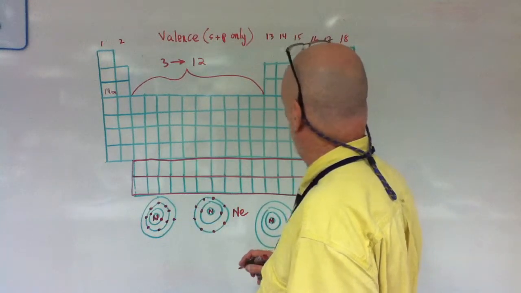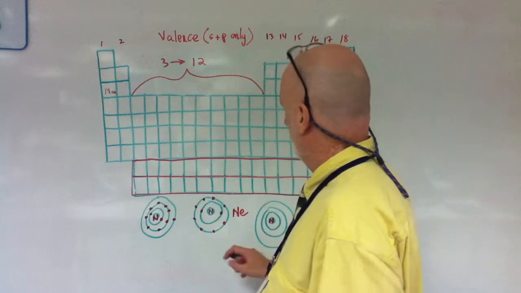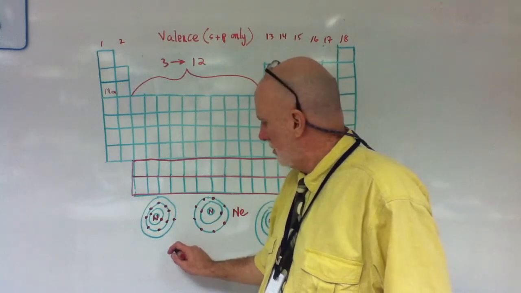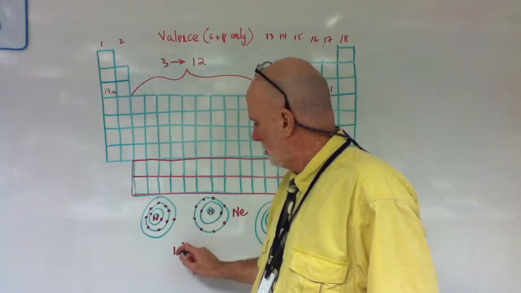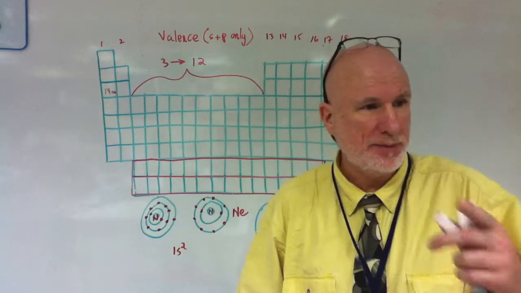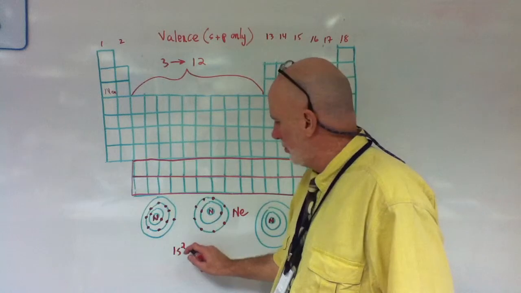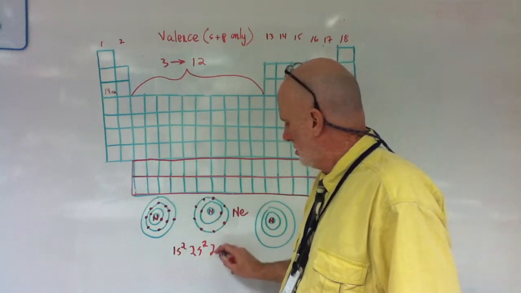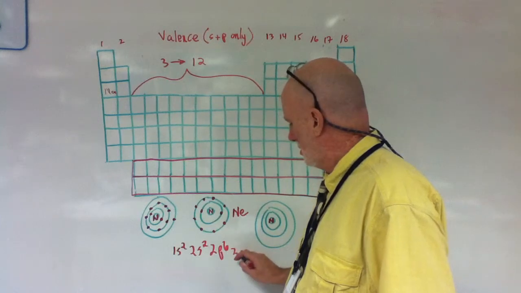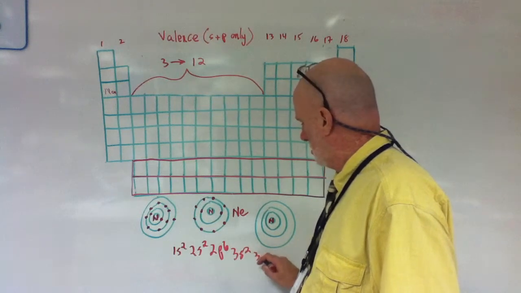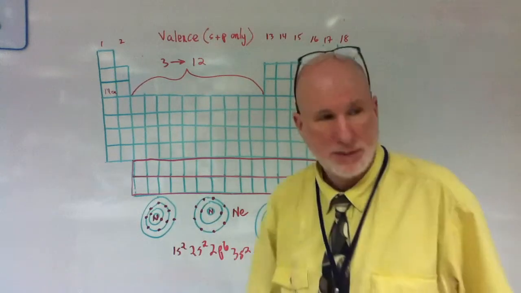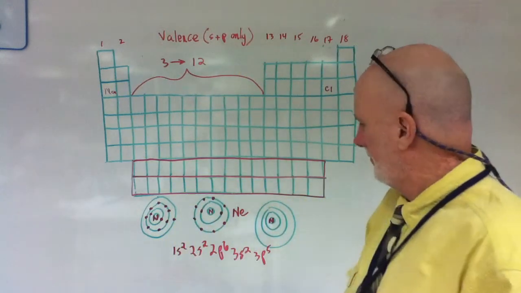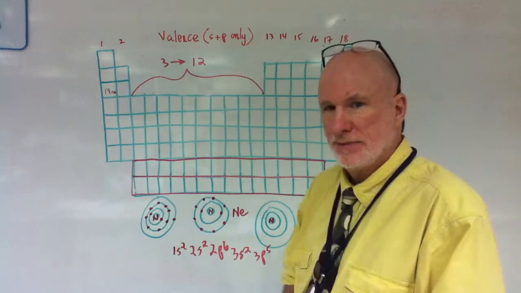Let's write the long form electron configuration for chlorine. Okay? Where can I write that? Can I fit it right there? Can you see on the film? 1s2, what's next? 3p5. Yes? You okay with that? All right? Yes?